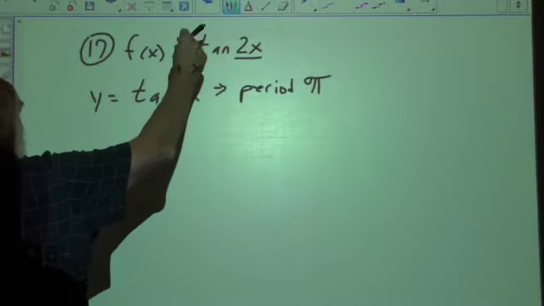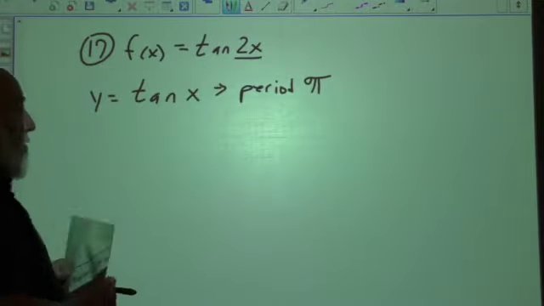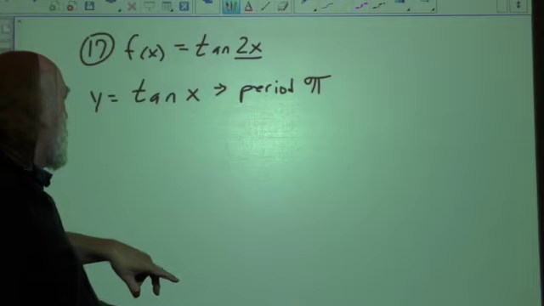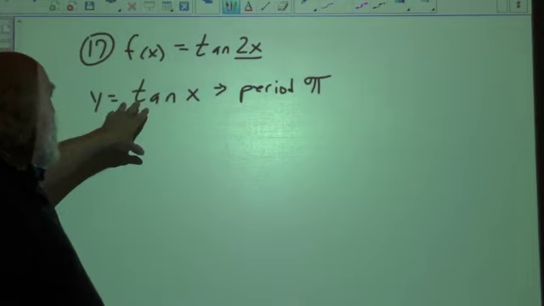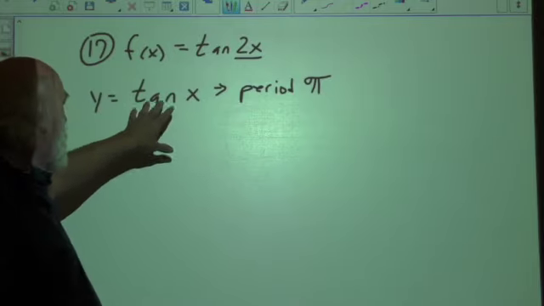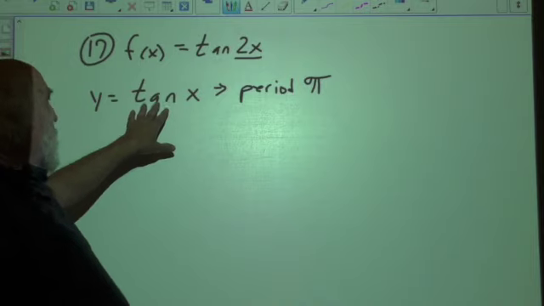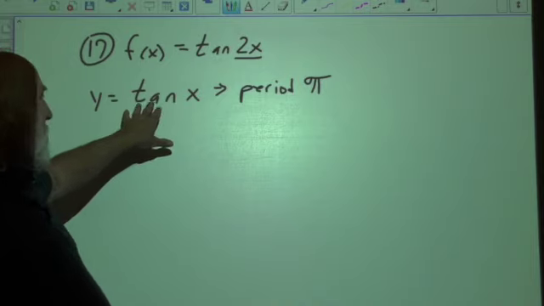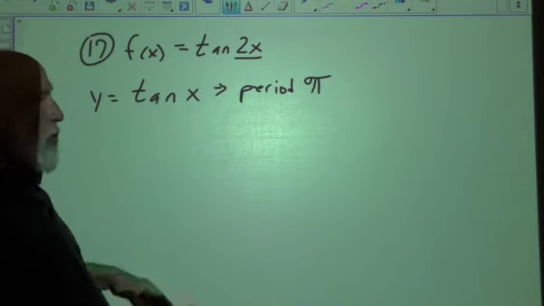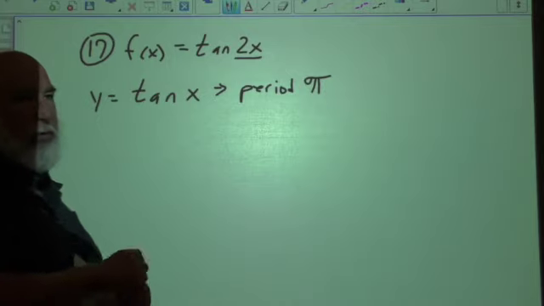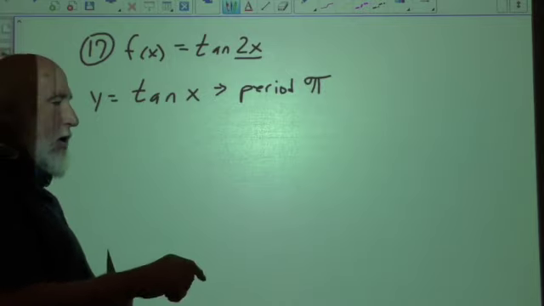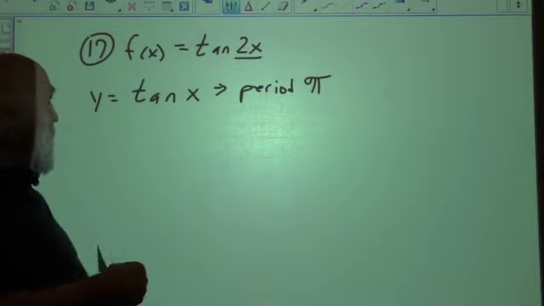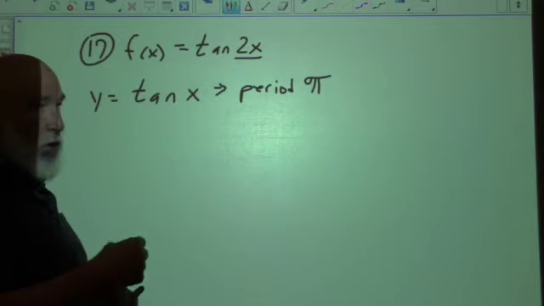Then type that in y2, but don't graph y1, which is equal to tangent of x. So you put your cursor over the equal sign that has the block on it, hit enter, and the highlight will go away for y1, and make sure it's on for y2.